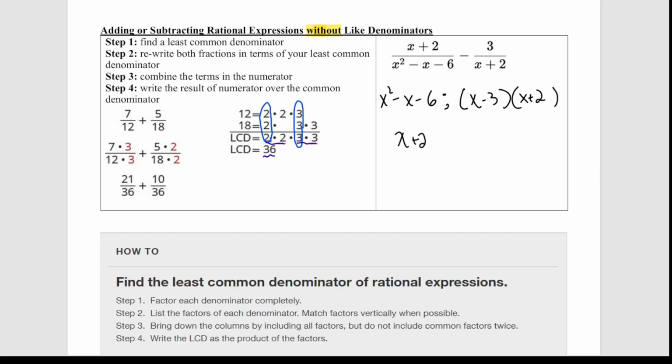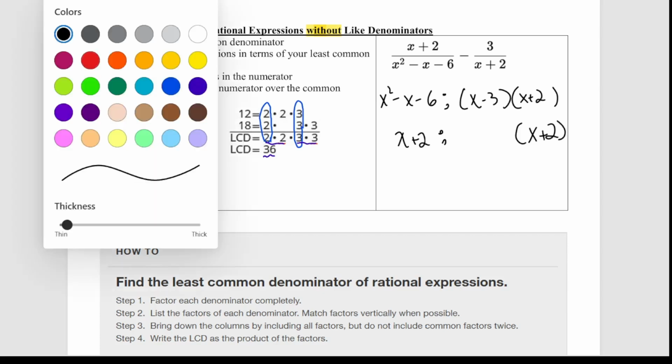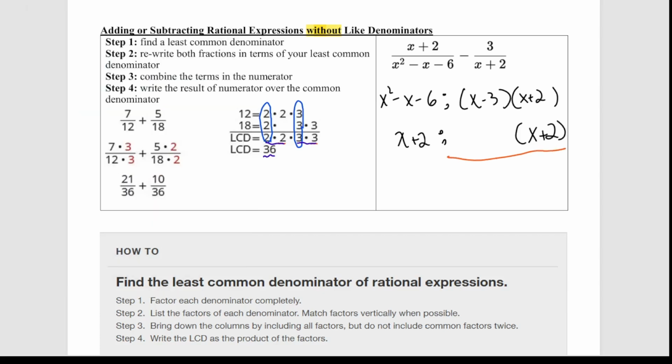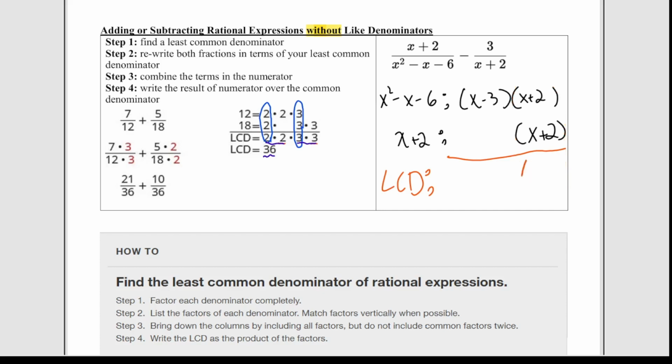And x plus 2, well, that's already factorized, but I'm going to vertically align it underneath the other x plus 2. And then when I note their least common denominator, I'm going to write what they have in common just once, which is our x plus 2 here. And then I'm going to drop down what they don't have in common, in this case x minus 3, and that would be our least common denominator.